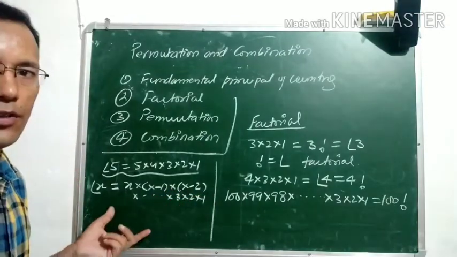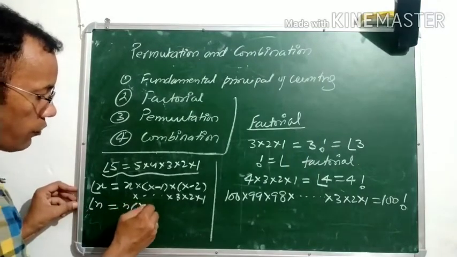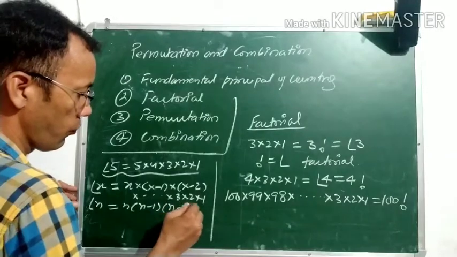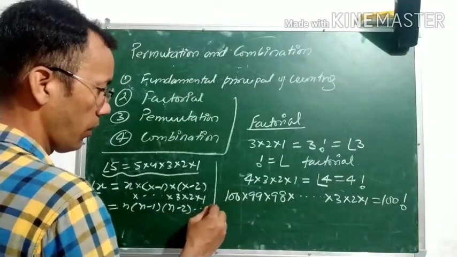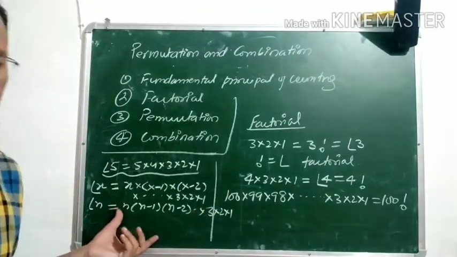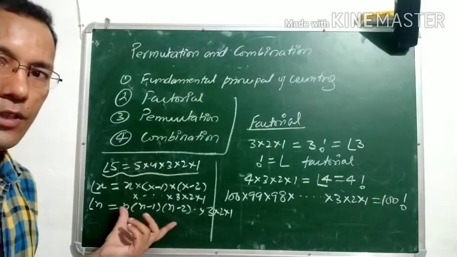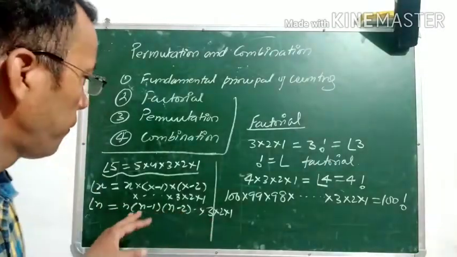If I write n factorial, this is n into n minus 1 into n minus 2 and so on, down to 3 into 2 into 1. These are the signs of factorial.